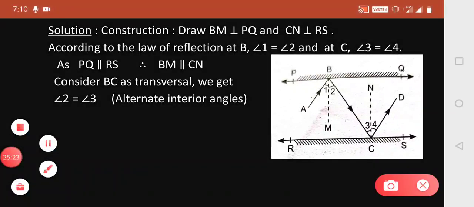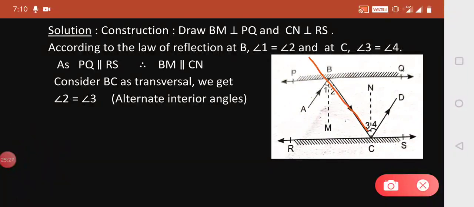Yes, we can see that when we take BC as a transversal, already it is given in the question that two mirrors PQ and RS are placed parallelly. So we take angle 2 equal to angle 3, which is a pair of alternate interior angles, so they are equal.